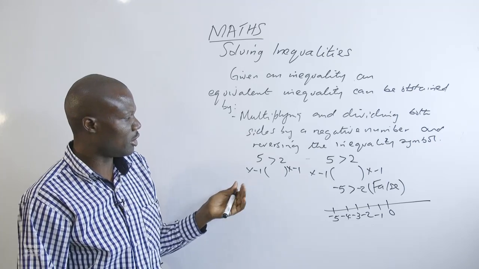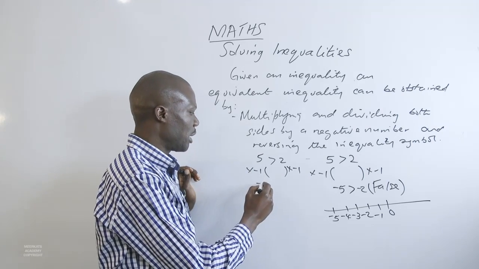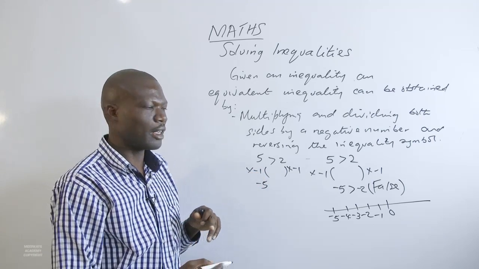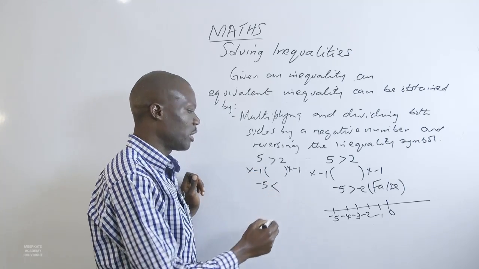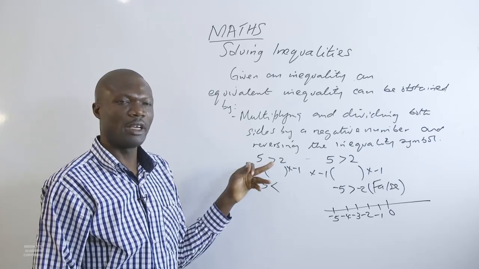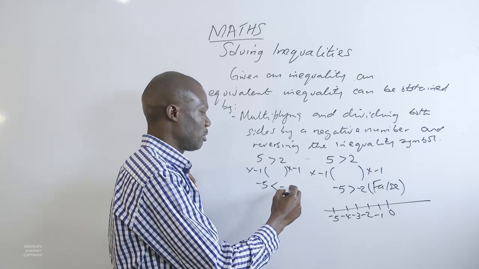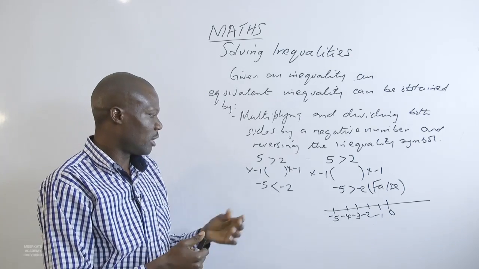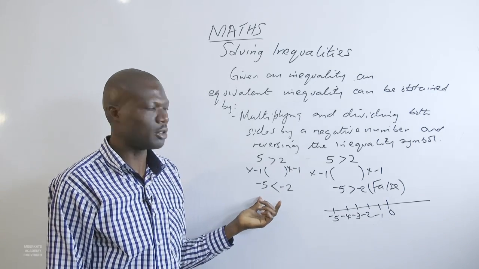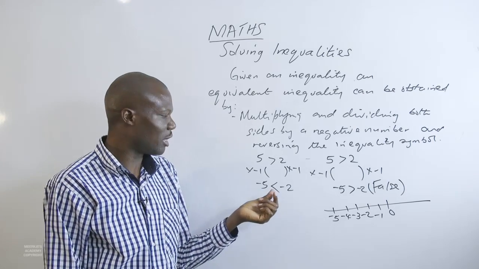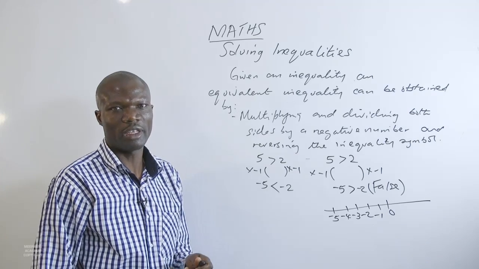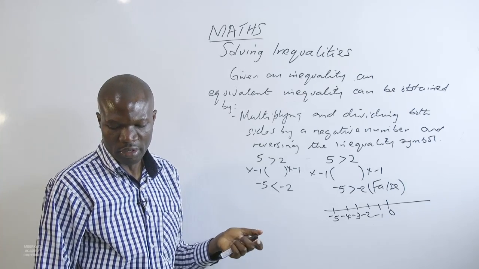So this one, you get minus 5, and then you reverse the inequality symbol to be facing the opposite side, and then it will be negative 2. The inequality now becomes true. Negative 5 is less than negative 2, which is very true.